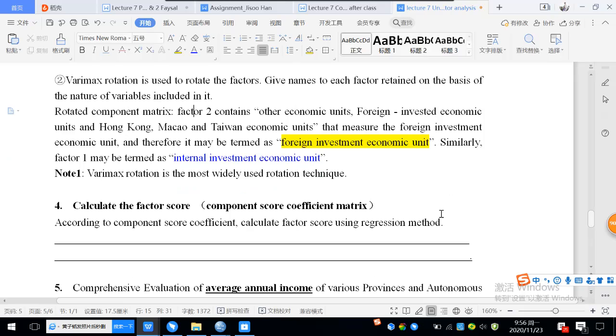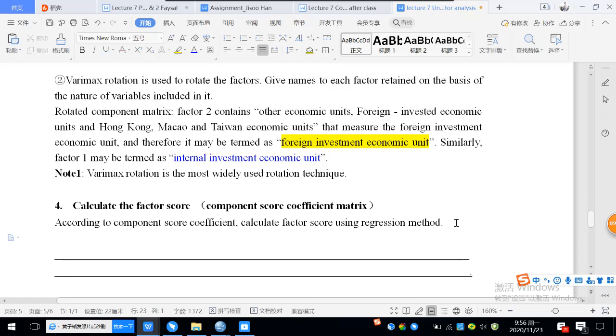Okay, next we will calculate the factor score. Okay, please calculate the factor score. So how to calculate the factor score?